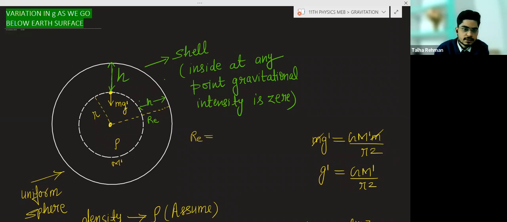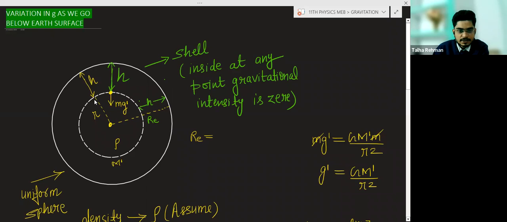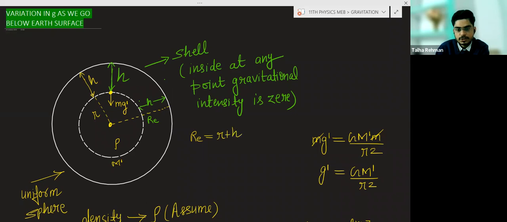This is r and this is h. r plus h will be radius of the earth. So from here we can get r. r will be Re minus h.